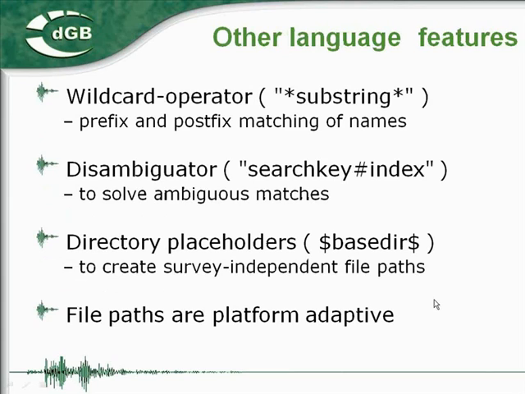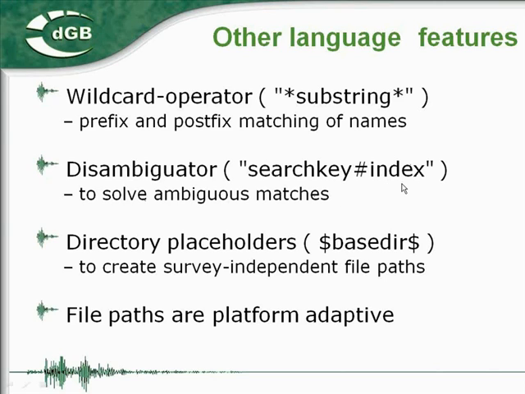Some other language features apart from the commands. Well, we've seen the wildcard operator to do either prefix, postfix, or substring matching of all the search names. And you have to use the asterisk character for that. We've seen the disambiguator, which is the hash symbol with an index after it, which is used to solve ambiguous matches.